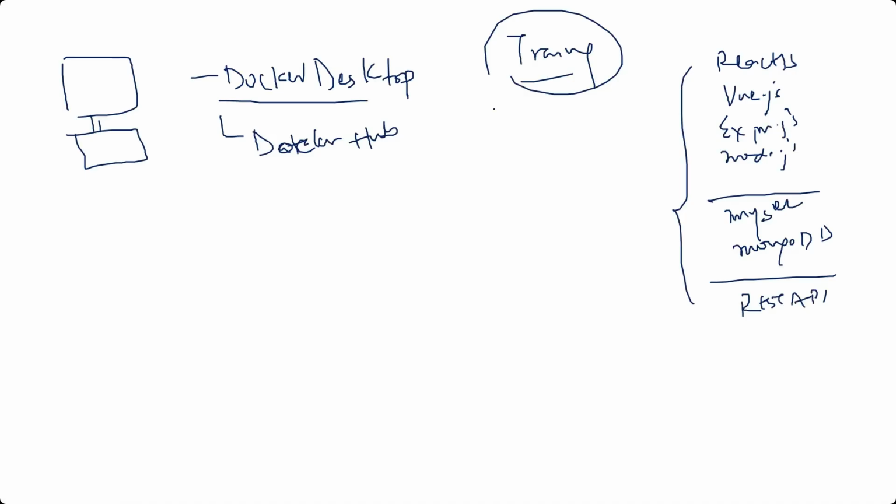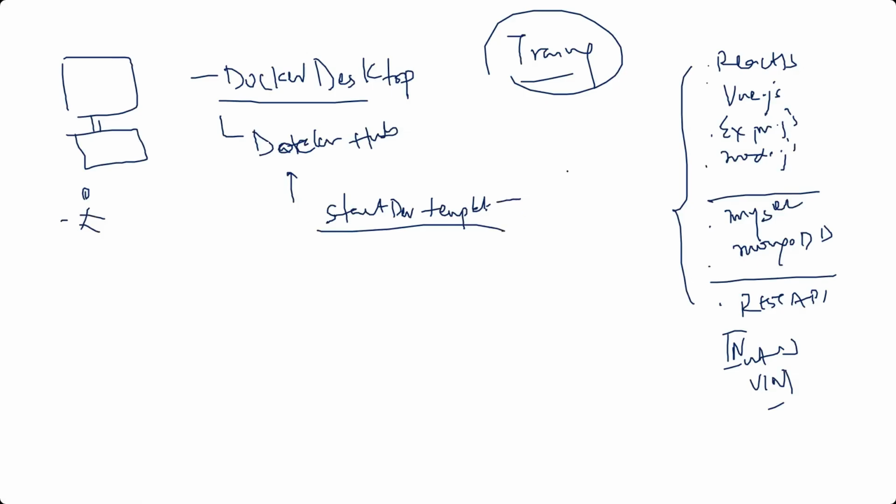While you are in training, they will ask you to go to Docker Hub, where there will be a template called the starter developer template. In that template, they will have all these technologies installed in the right versions, and also IntelliJ or Vim, let's assume. The new joiner has to open this template, pull the code from the given repository and start working on the development.